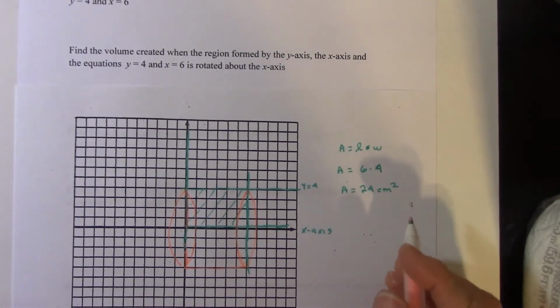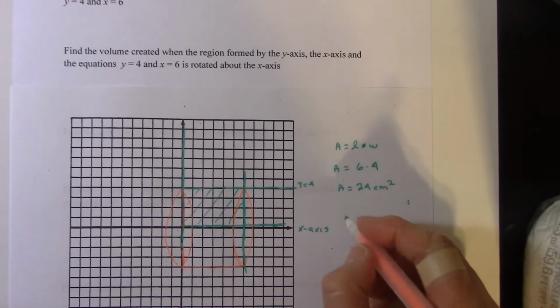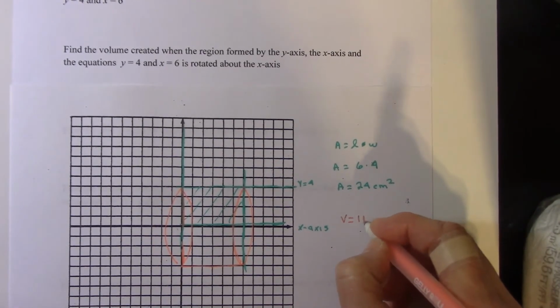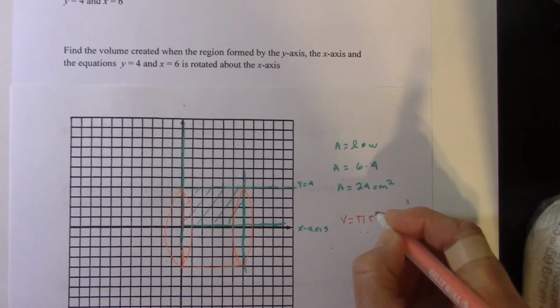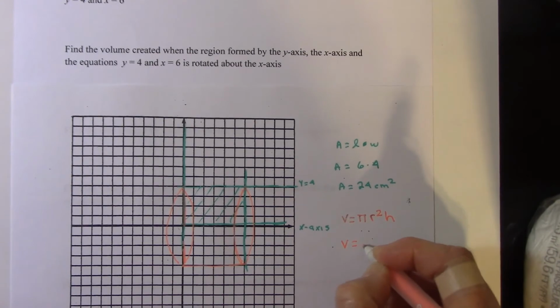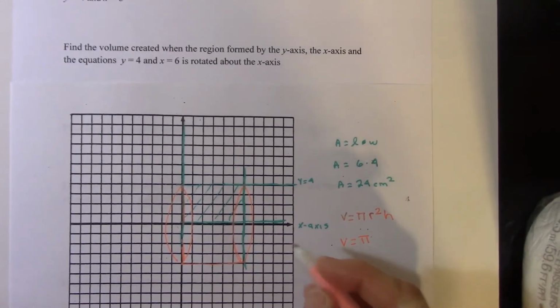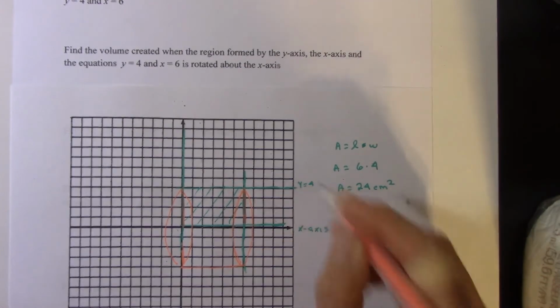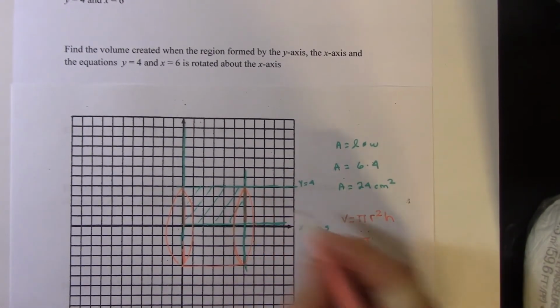So now when we want to find the volume of a cylinder, it is pi r squared h. So the volume is pi, and the radius of the cylinder right here is 4, and we can count it.